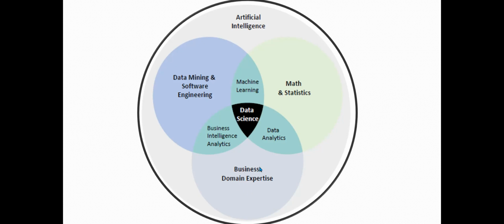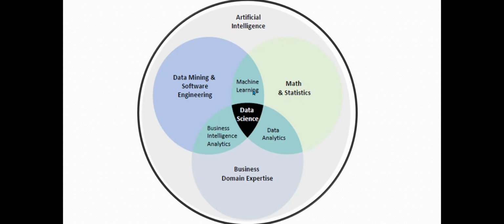Now, there are other forms. For example, if you have HR knowledge and you combine it with IT, then you have business intelligence analytics. So these are really just on intelligence using business domain data. Now, machine learning is the combination of IT and math and statistics.